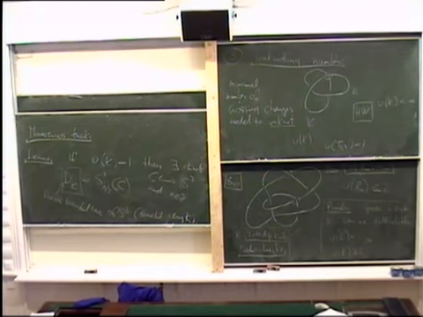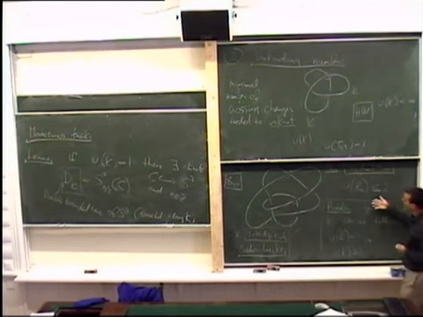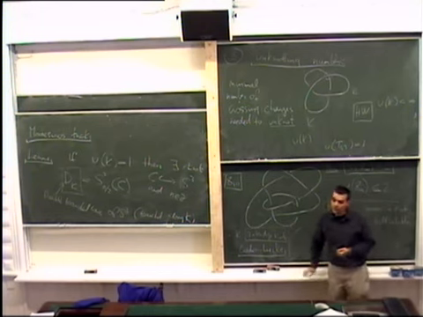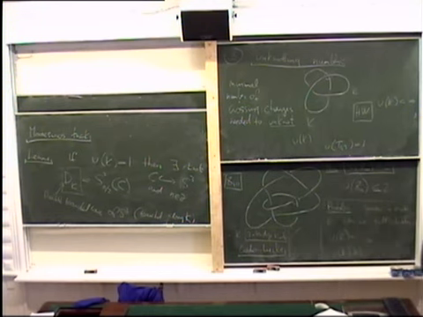So I guess putting these results together with this recent result of Gordon and Luecke, now all the knots that have crossing number 10 or less are classified as to whether they have unknotting number 1, and the 11 crossing knots I don't think anybody has looked at.